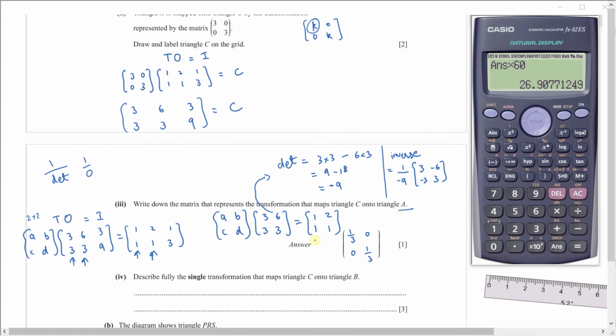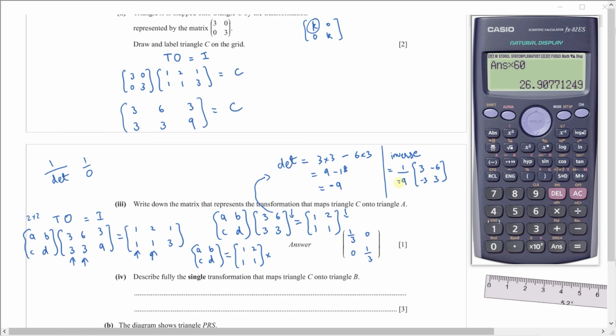Now if I multiply the inverse on both sides, A, B, C, D, and I multiply the inverse here and here, this will cancel out. I will be left with A, B, C, D here, and then I will have 1, 1, 2, 1 multiplied by this inverse, which is -1/9 into 3, -3, -6, and 3. So let me take this 9 inside so I don't have to do this here.